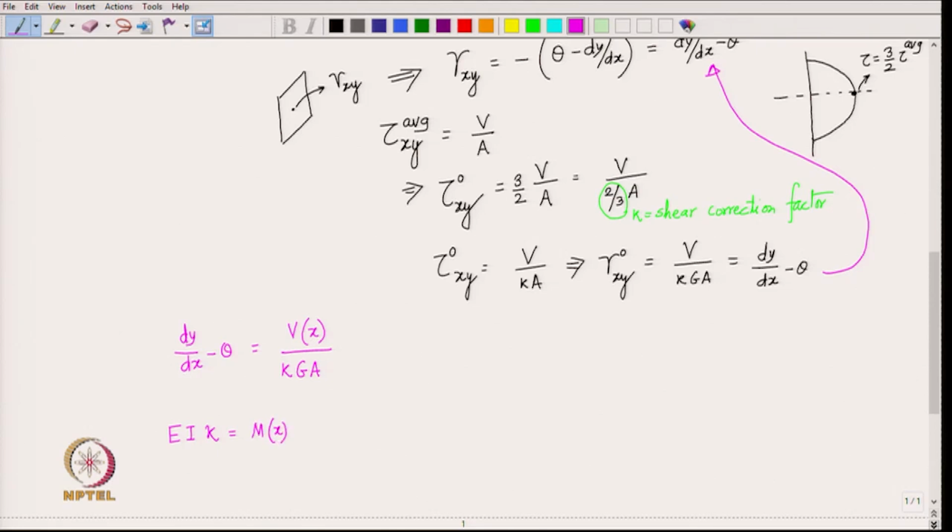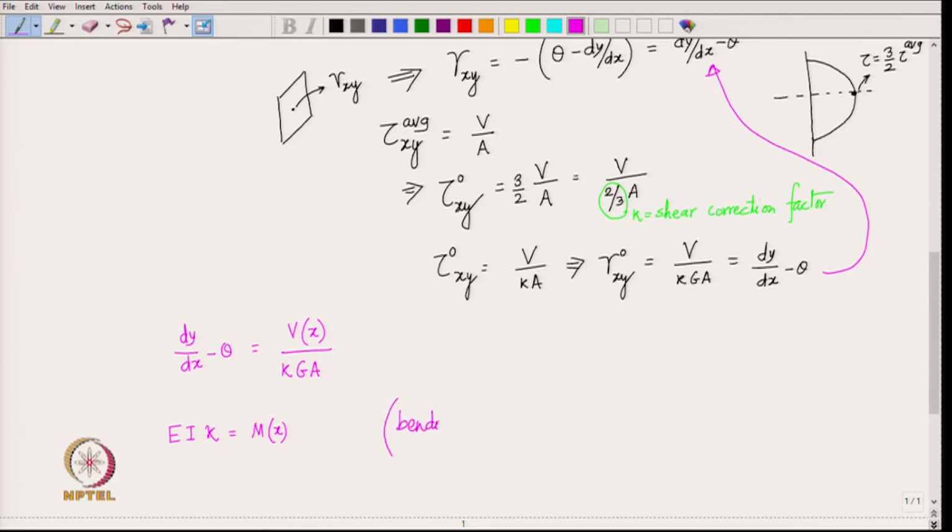And while doing the Euler-Bernoulli beam theory, we said that the bending curvature is the same as the curvature of the center line, right. But now we are also accounting for shear, is it not. So, it turns out when you account for shear, then the bending curvature is no more equal to the curvature of the center line.